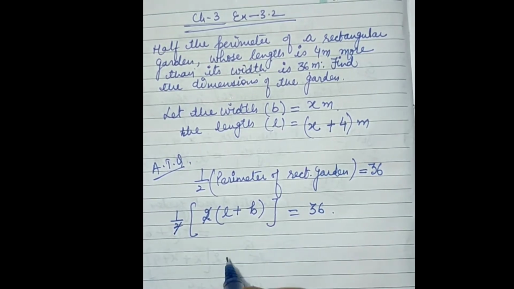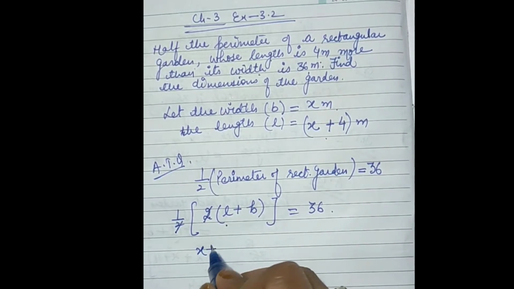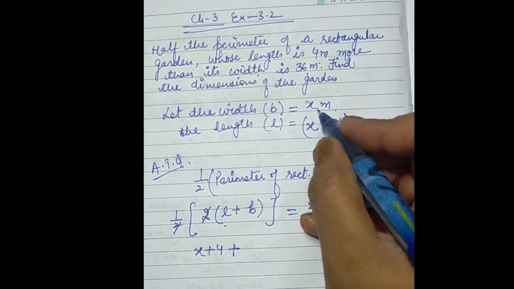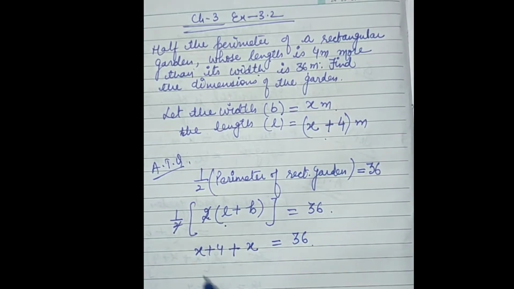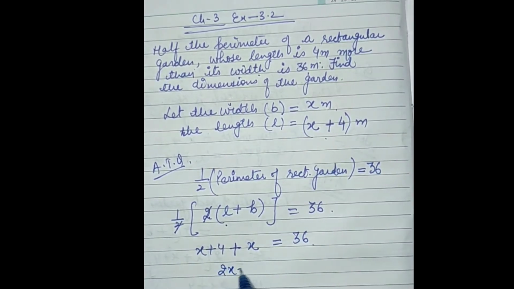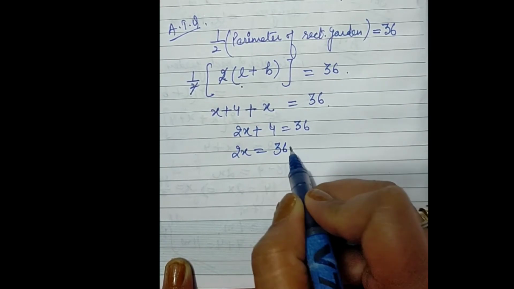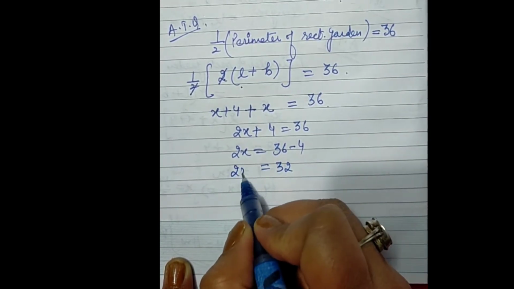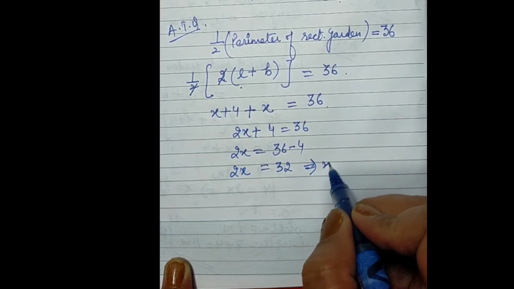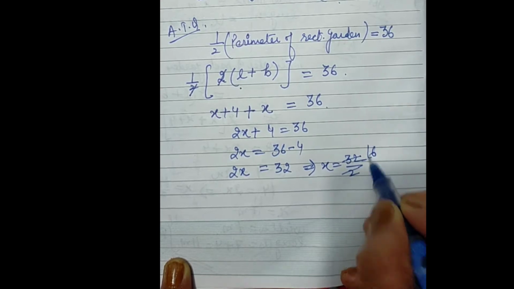What we are left with? Length plus breadth, and length is x plus 4 and breadth is x, equals 36. So you can see 2x plus 4 is 36, 2x equals 36 minus 4, which gives us 32. It means the value for x is 32 over 2, that will give us 16.